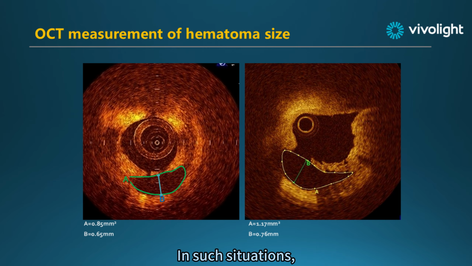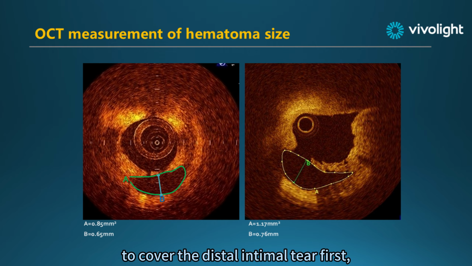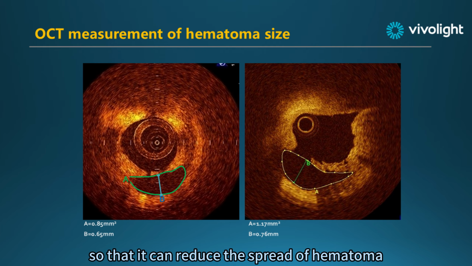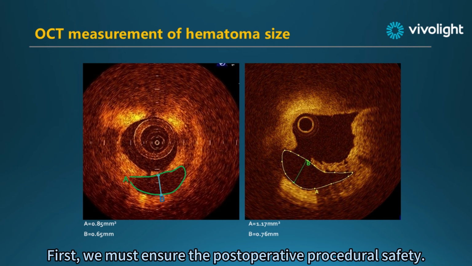In such situations, we may need to gently deploy a stent at the lesion site to cover the distal intimal tear first, so that it can reduce the spread of hematoma and ensure the safety of the postoperative procedure. First, we must ensure the postoperative procedural safety.